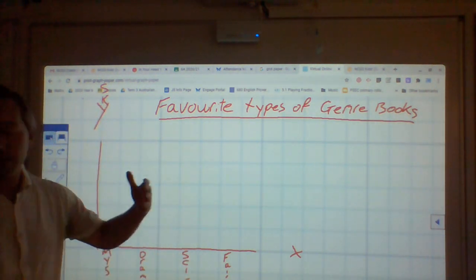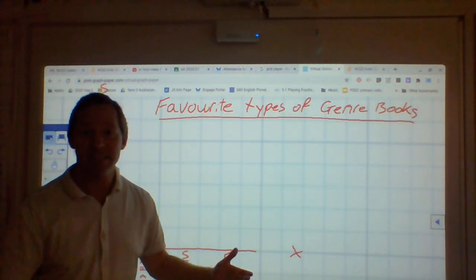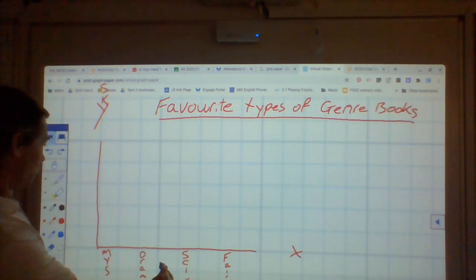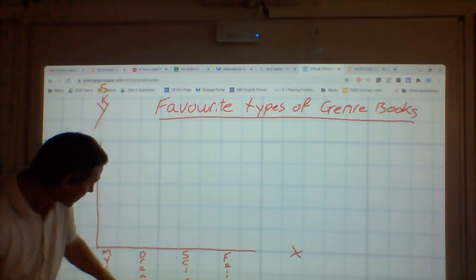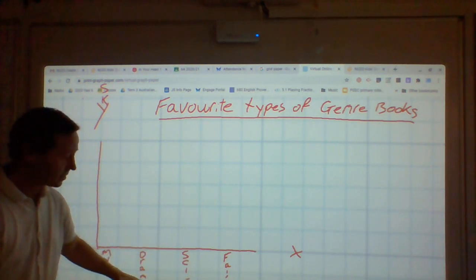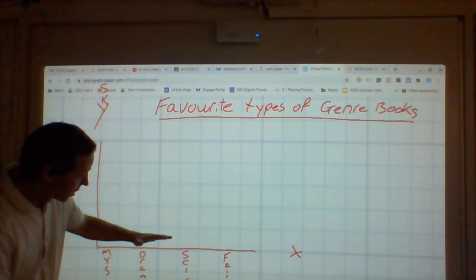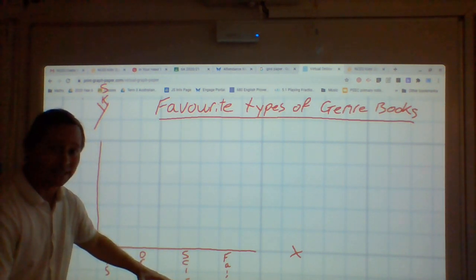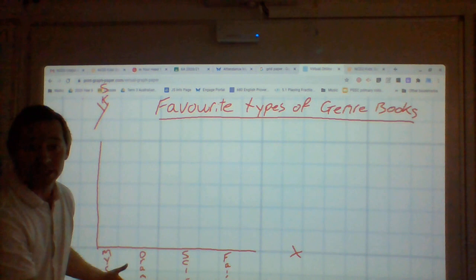Now, let's just say I did a survey and I asked children of 6A what their favourite genres would be. This one along here is like a subheading or a subtitle. Down here the subheading would be genre types.